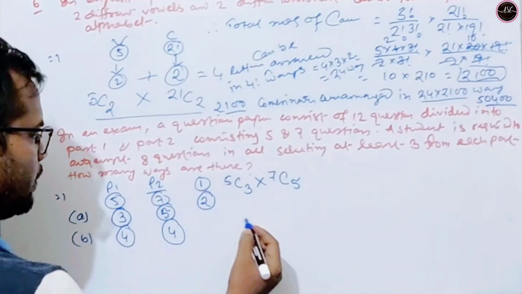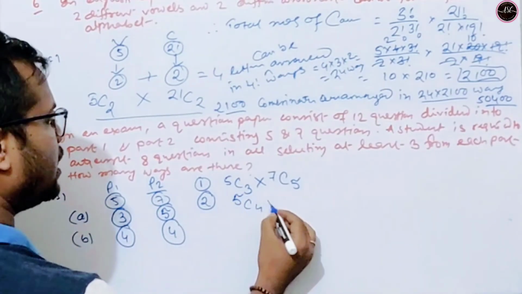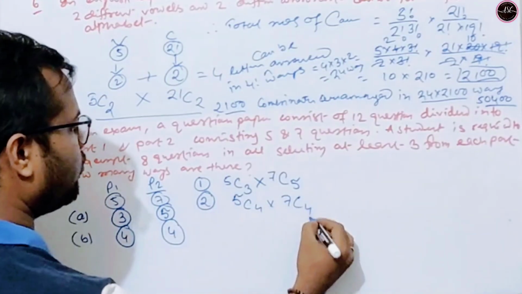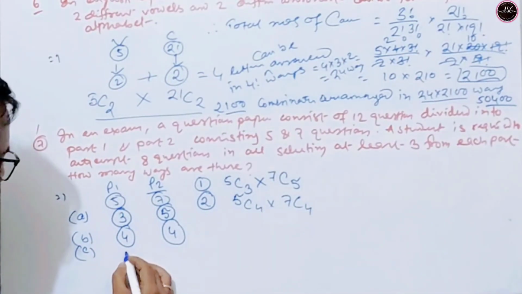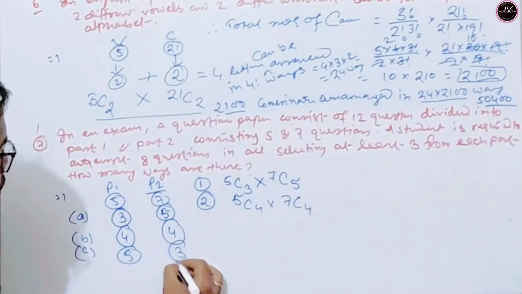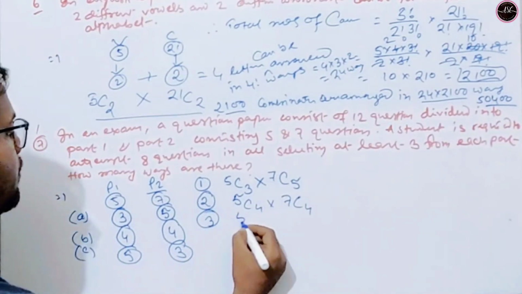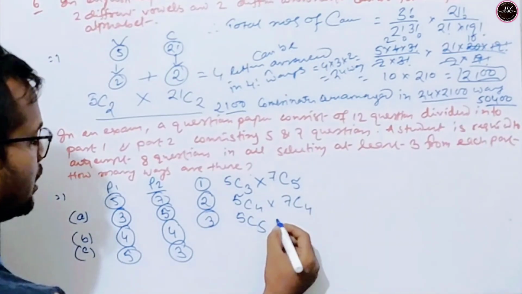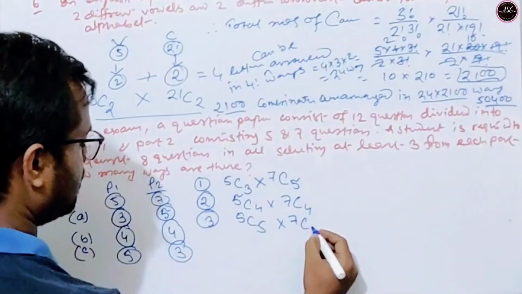So this can be represented as 5C4 into 7C4. Then he can choose 5 from part 1 and 3 from part 2. So for this we have 5 out of 5, 5C5, into 3 out of 7, that means 7C3.